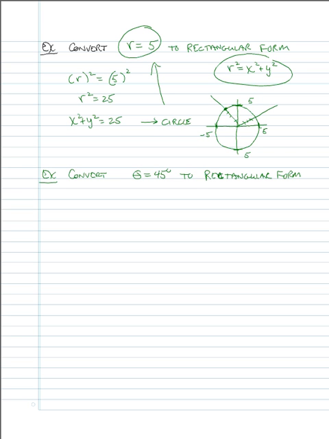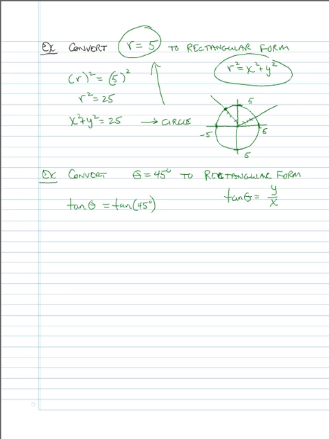I can get x's and y's if I remember that the tangent of theta is nothing more than y over x. So why don't I take the equation that I have and say take tangent of the left side, and that'd be equal to tangent of the right side.